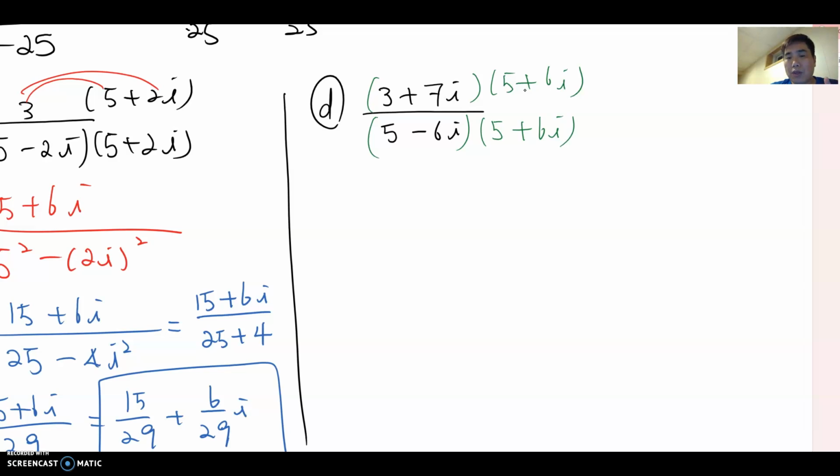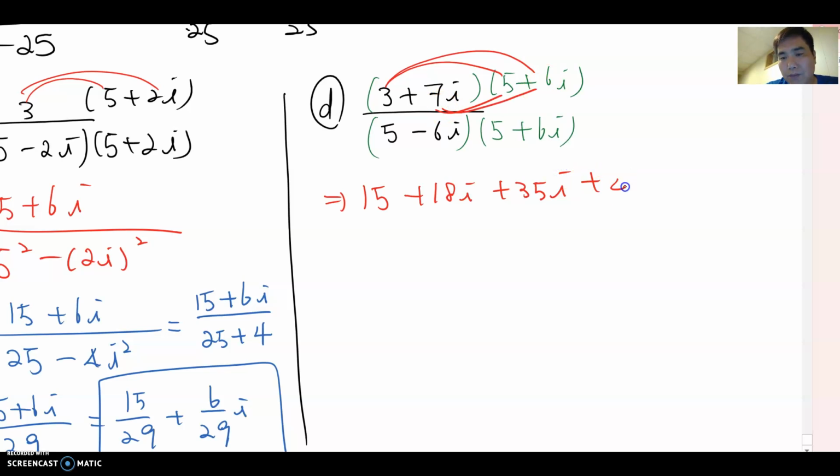Now, both the numerator and denominator require the FOIL method to expand the expression. So let's do so. Then this becomes 15 plus 18i plus 35i plus 42i squared over, now the conjugate case, it can be the first factor squared minus the second factor squared.